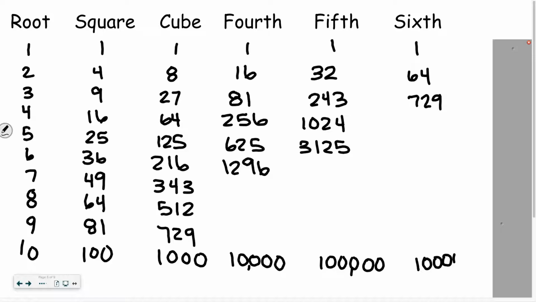You can also look at it this way: 9 squared was 81 and 9 cubed was 729, and 3 to the sixth is 3 doubled, so you get 729. These are just nice to have seen before, and if you see them under a radical, you'll think, oh, I do know the fifth root of 32 is 2.